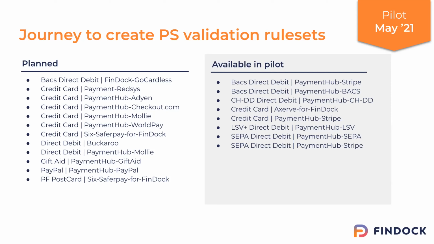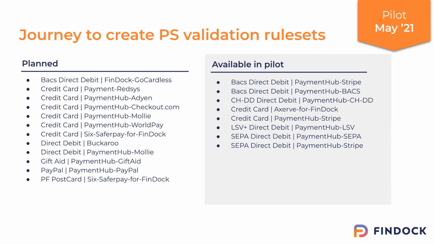But with this release, there will be many more payment methods available that you can use to validate your data with. We will also be able to validate BACS direct debits via the different processes that we offer, so via Stripe, or the manual, or Smart Debit, where Smart Debit is the processor.